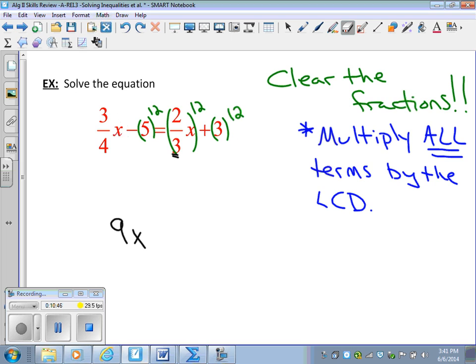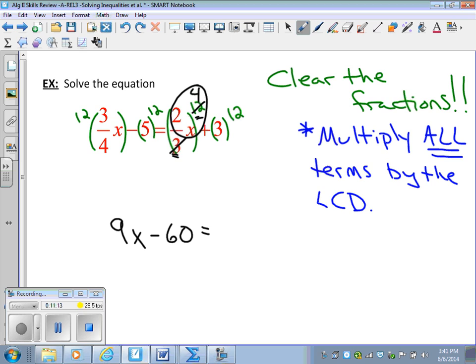Okay, my next number is not so bad. It's just 5 times 12, right? There's no denominator there, so I'm just going to get 5 times 12 is going to be minus 60. And then equals, okay, well, again, 12 over here is 4 times 3. So the 3 is going to cancel with the 12 partially, right? And I'm going to get 2 times 4, x, or 8x.